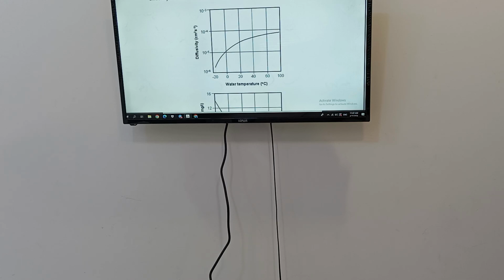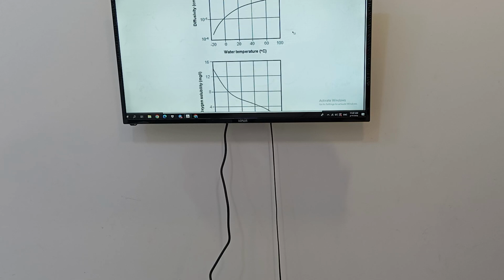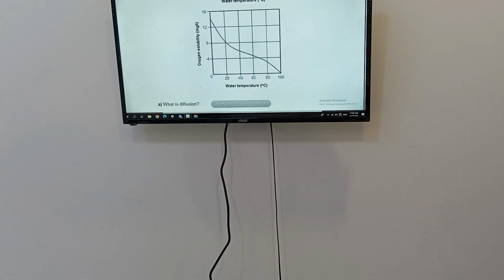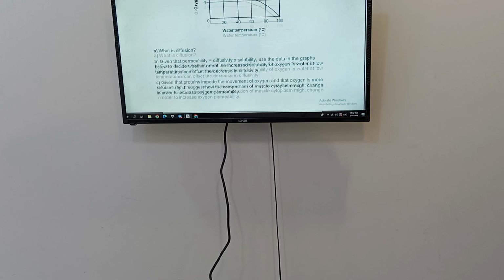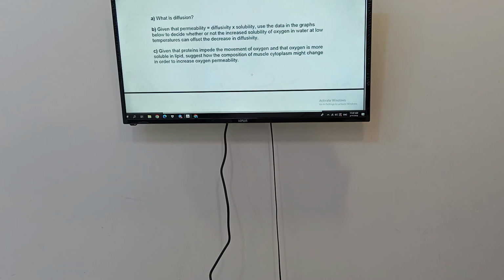Okay, you see that as the temperature increases, the diffusivity goes somewhat lower, and here it increases more. Here is the oxygen solubility against the water temperature. Given that permeability equals diffusivity times solubility, we will use this data in the graph to decide whether or not the increased solubility in water at low temperature can offset the decrease in diffusivity.